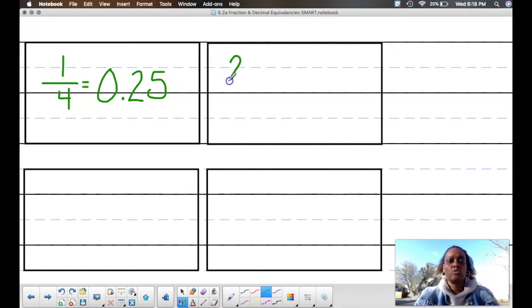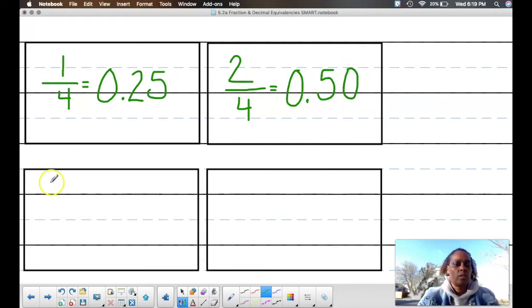And then 2/4 would be 2 quarters, and 2 quarters is equal to 50 cents. And then 3/4 or 3 quarters was equal to 75 cents.